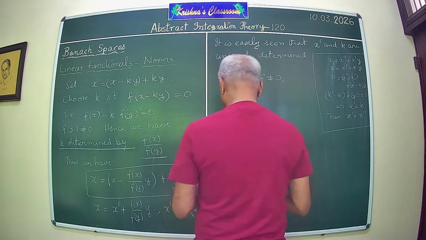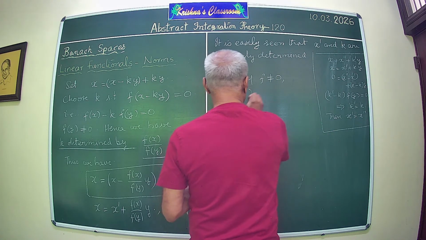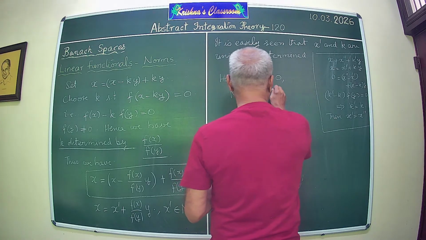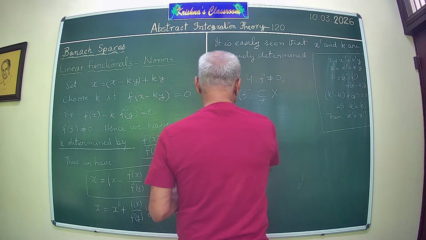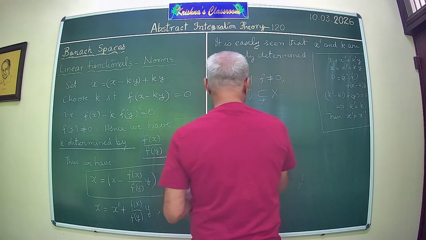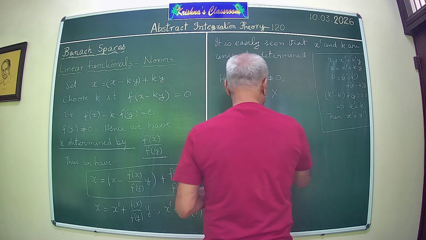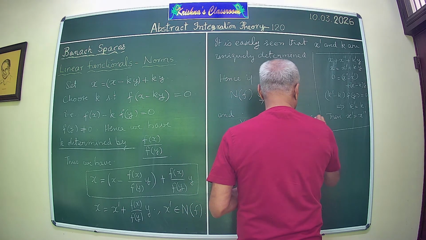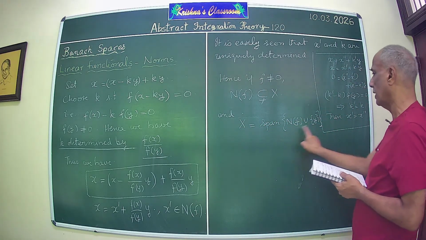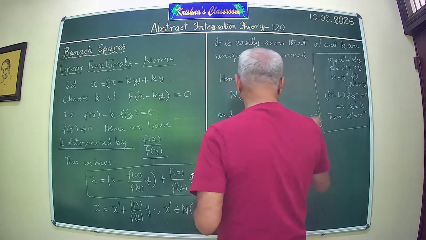If it is not equal to 0, then NF, which is a subspace, is not equal to X. It's a proper subspace of that, and the span of x is equal to... So you take this NF and y and then take the linear combination.